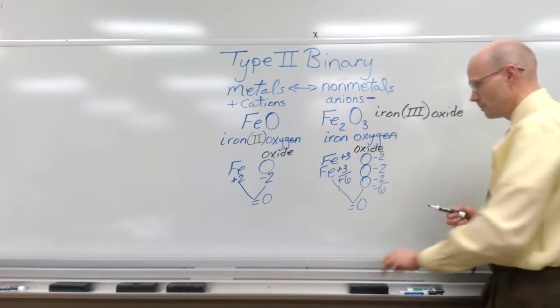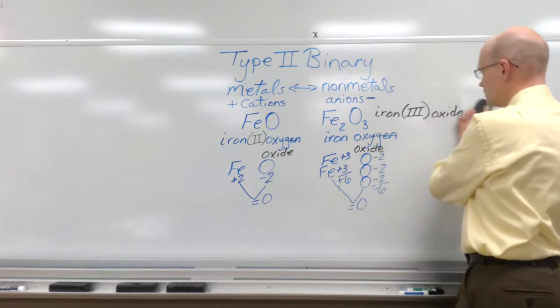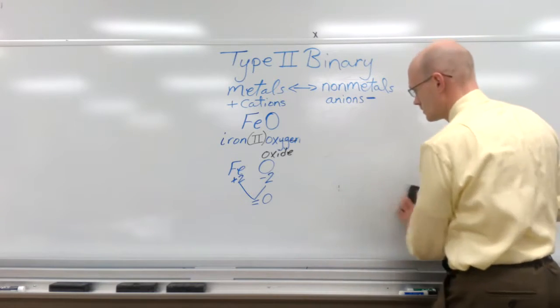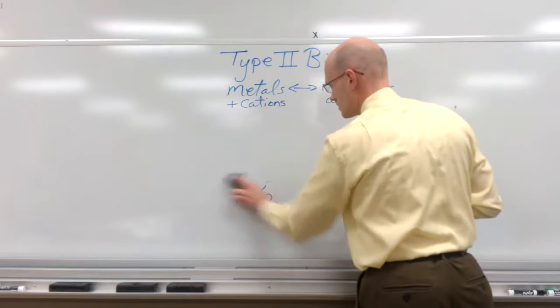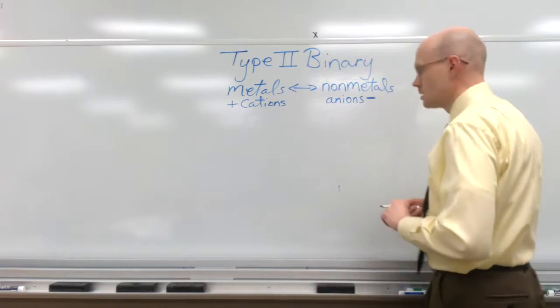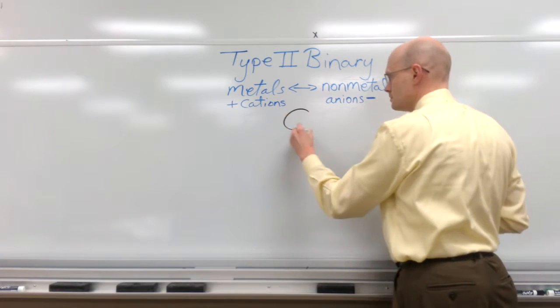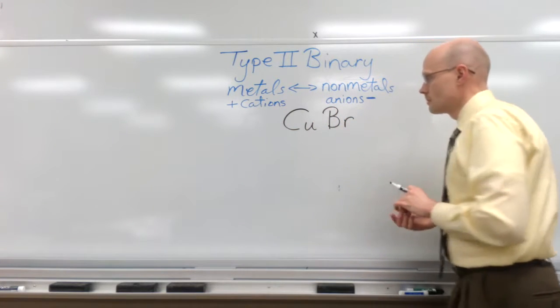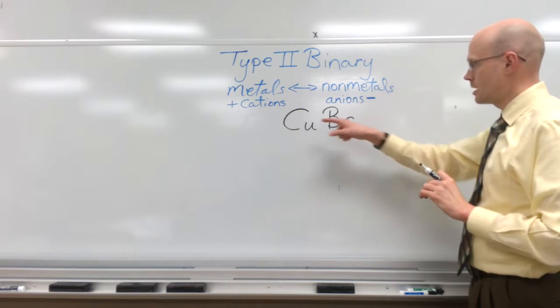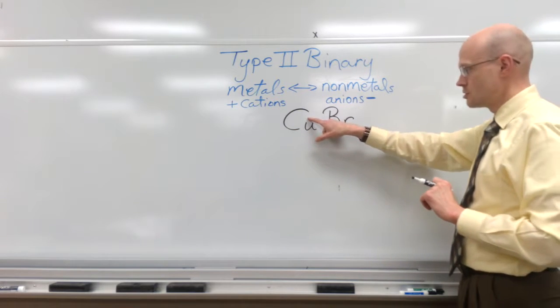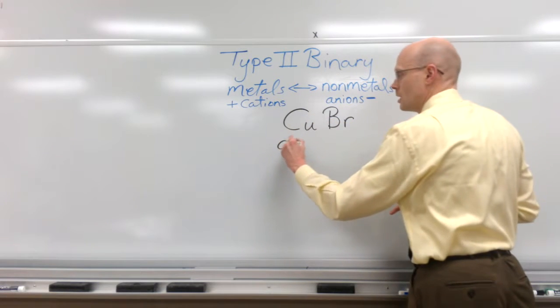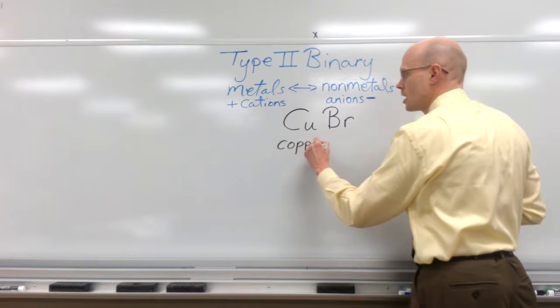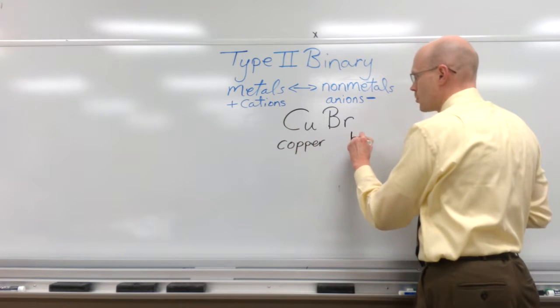Let's try another one. Here's a formula: CuBr. We first recognize that copper is a transitional metal. We label our elements involved, copper and bromine.